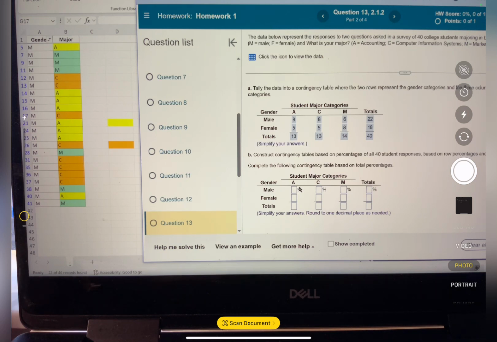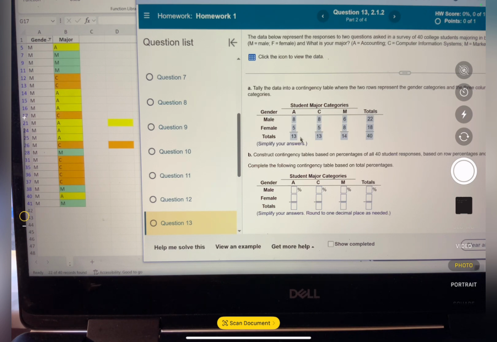So now we need to fill in the format of percentage. We need to fill in the form of male, in the format of all males, and then in the format of majors. So for male, what do we have?